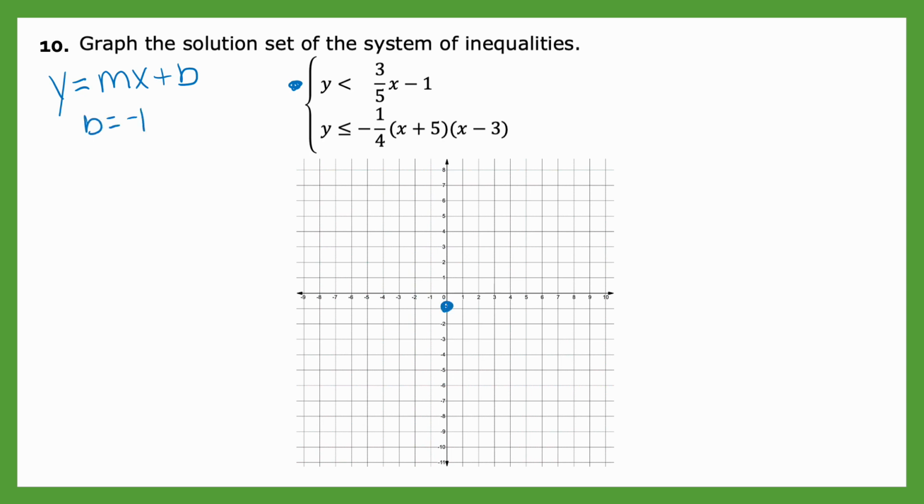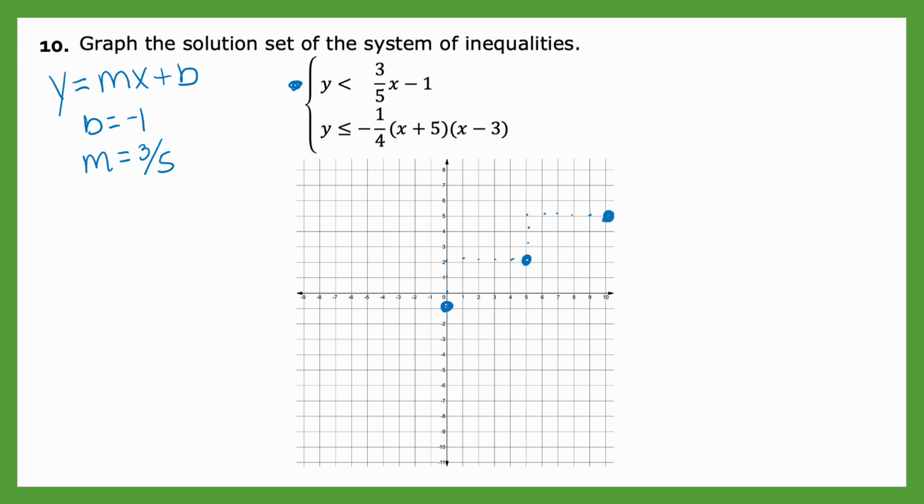So our y-intercept's at -1. What is our slope? 3/5. So we'll go up 3, right 5.